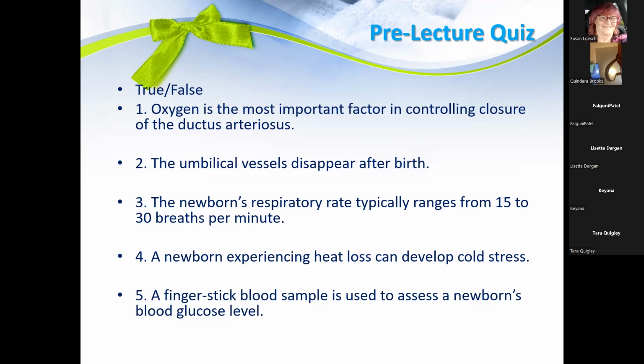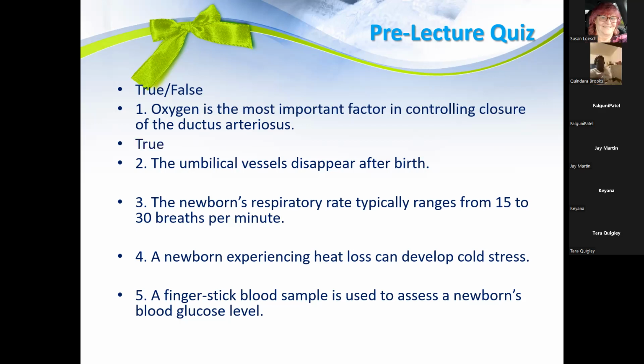It's true or false. It's true. Page 579: oxygen is the most important factor in controlling its closure. Closure depends on the high oxygen content of the aortic blood resulting from that air entering the lungs at birth.